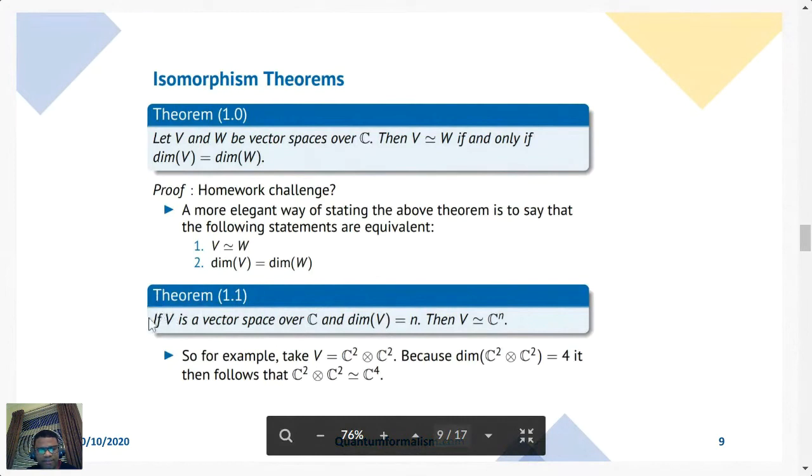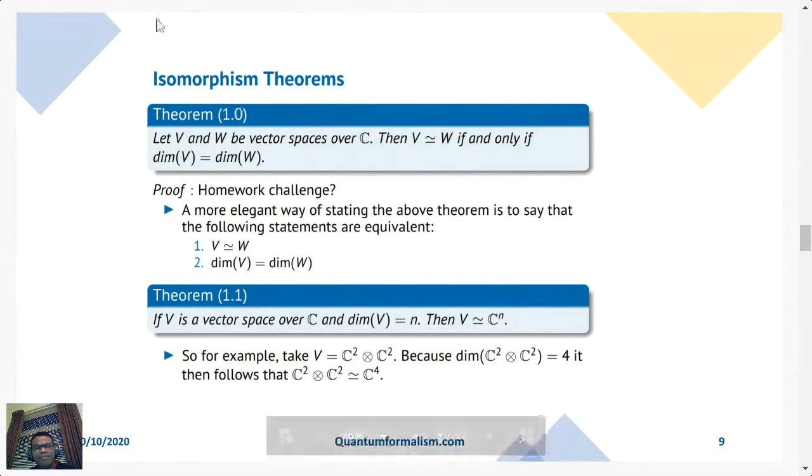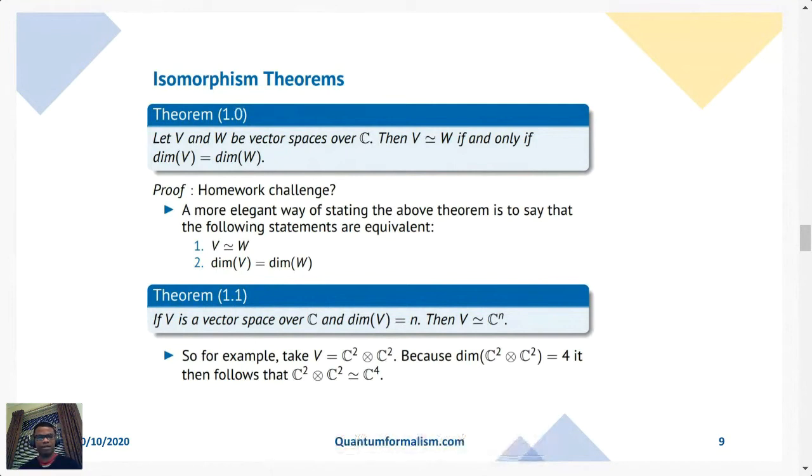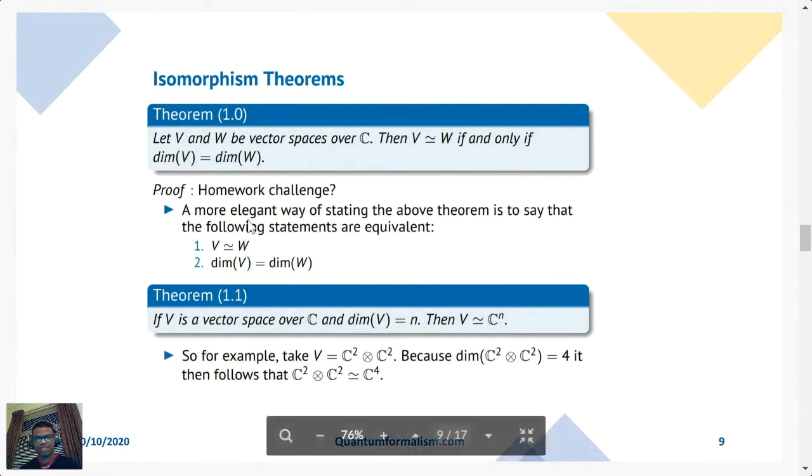This other result: if V is a vector space over C and the dimension of V happens to be n, then V is isomorphic to Cn. This is a very important result, which means if you build any abstract vector space, no matter how abstract it is, if the dimension of it is n, then it's isomorphic to Cn.